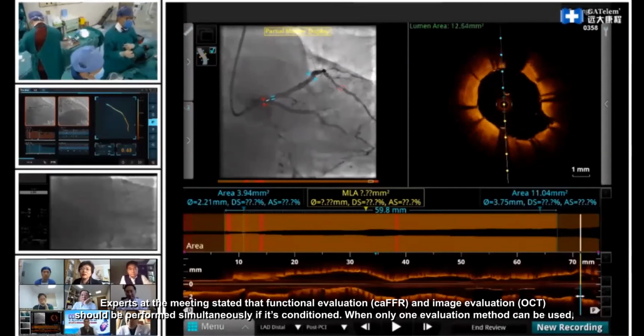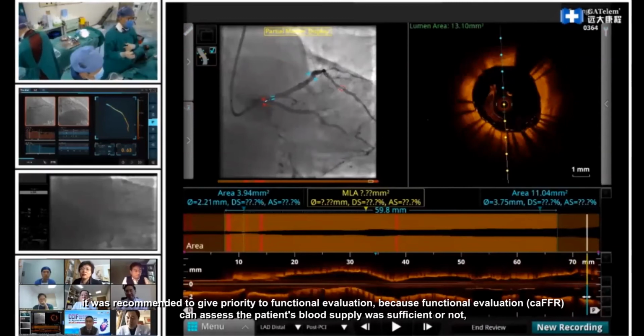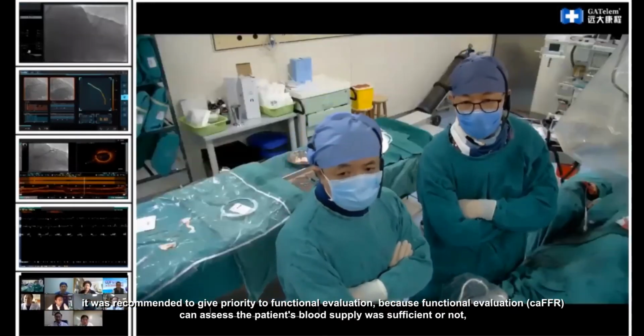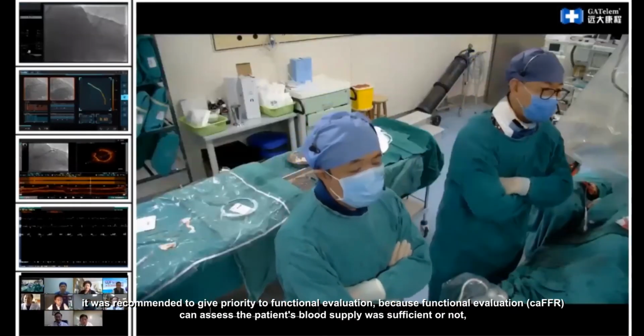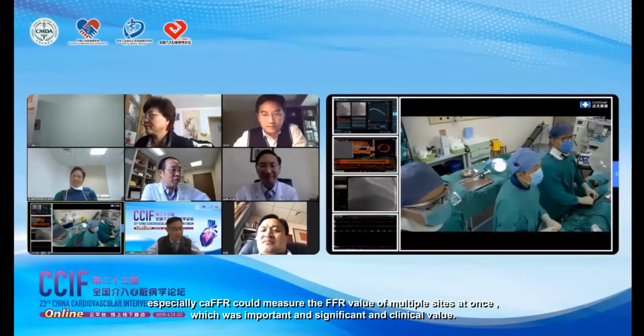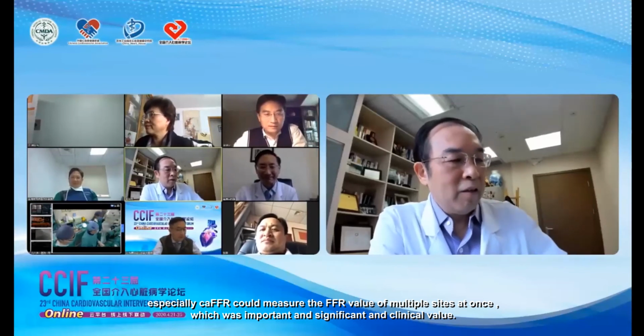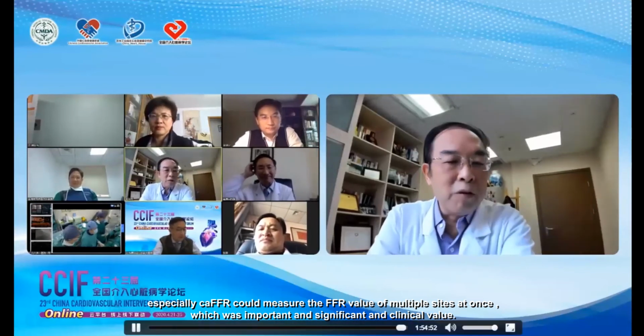When only one evaluation method can be used, it was recommended to give priority to functional evaluation, because functional evaluation (caFFR) can assess whether the patient's blood supply is sufficient or not. Especially, caFFR could measure the FFR value of multiple sites at once, which was of important clinical value.